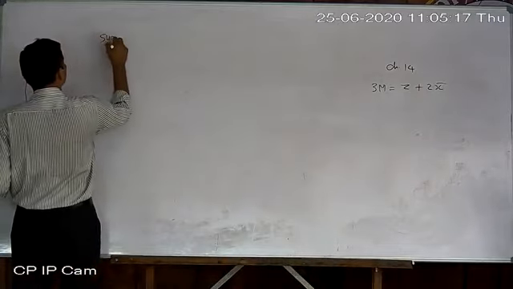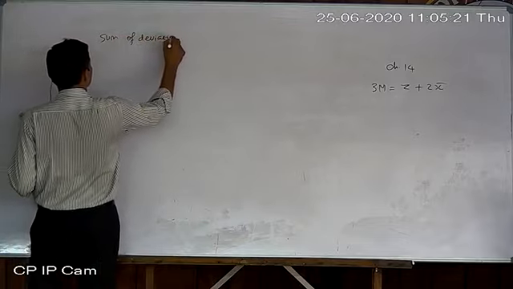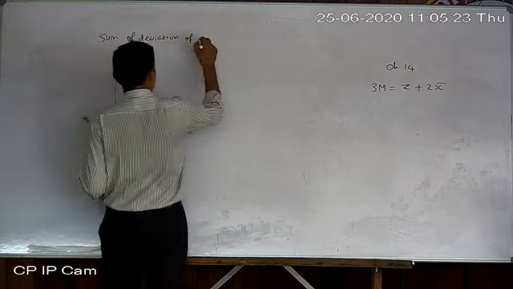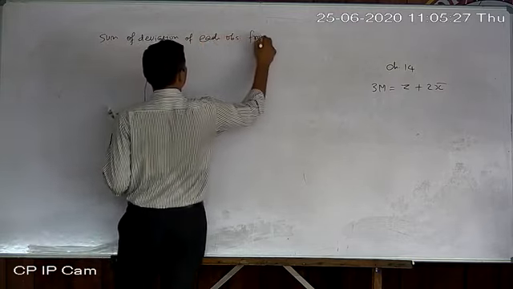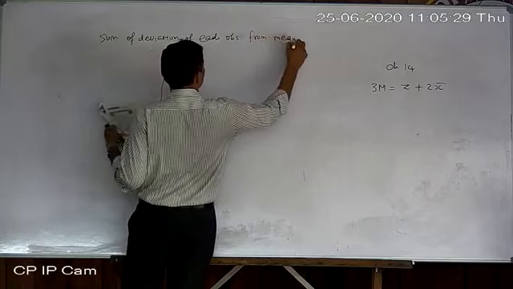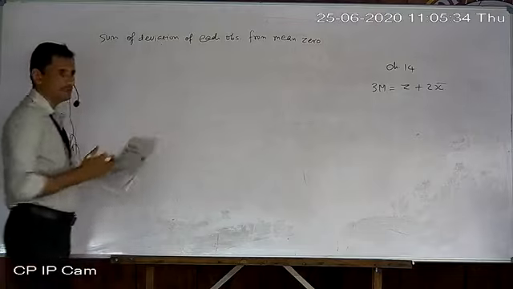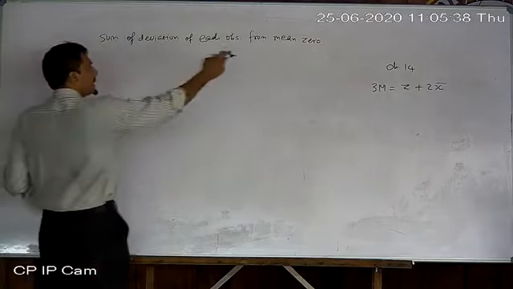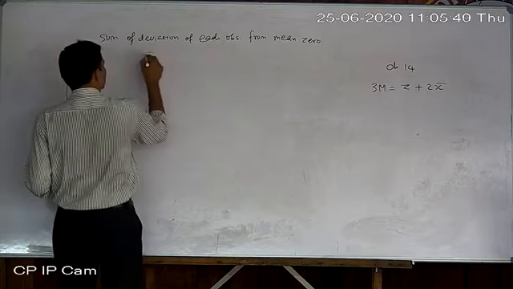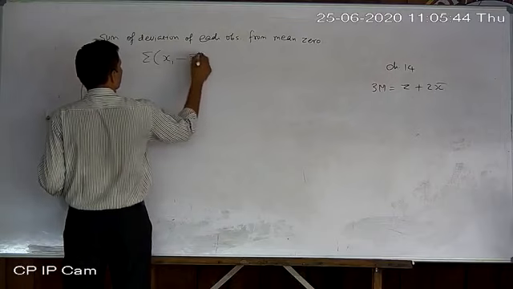Sum of deviation of each observation from mean is 0. Deviation means difference, but difference of what? Observation and mean, it is 0. So sum means sigma, summation of observation minus mean is 0.